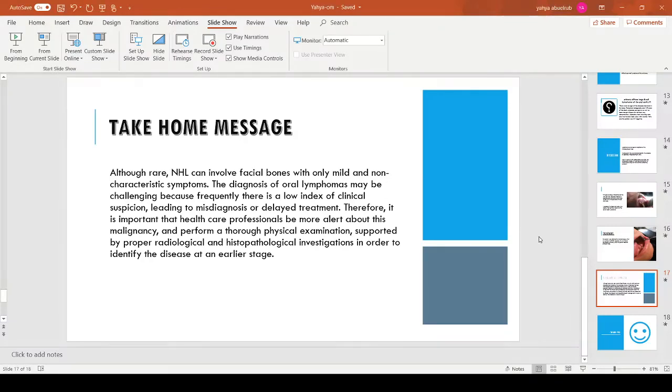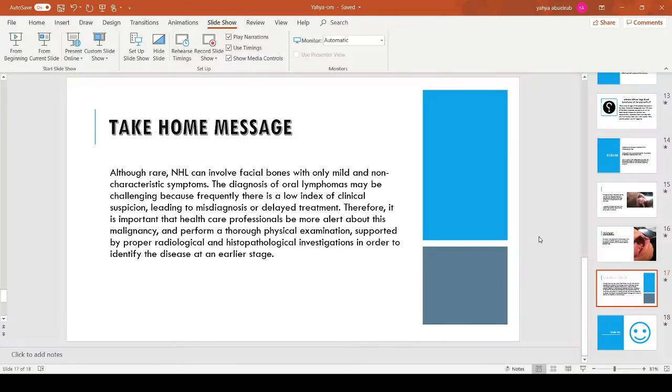So what we understand is that the diagnosis of oral lymphomas is challenging and it is easy to misdiagnose or delay the treatment. Therefore, the most important thing is that whether it is a doctor or any person in healthcare, they have to be alert.